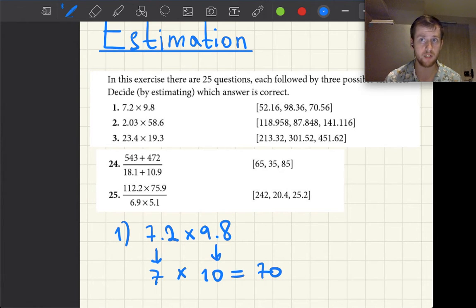So if you get 700, you should realize this is not even close to what I should be getting. That's why we use estimation. And here the answer is 70.56 because it's the closest one to our estimation.